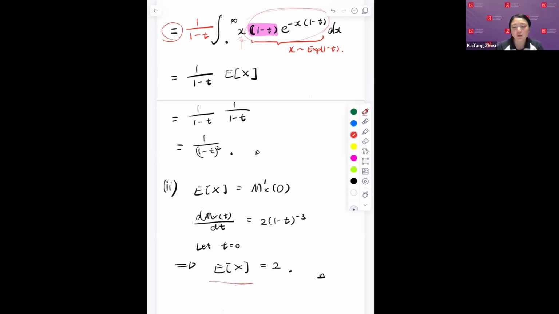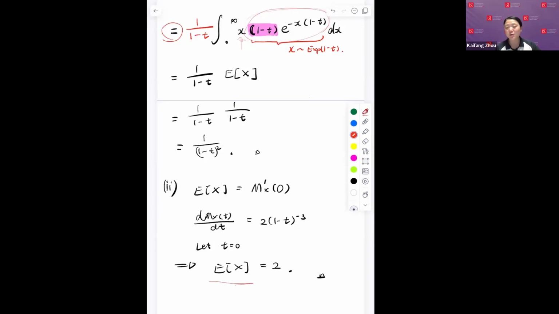For example, if you take the first derivative and let t equal to 0, you will get the first moment, which is the population mean. And if you take the second derivative with respect to t and let t equal to 0, you will get the second population moment. So with the first and second population moments, we can calculate the population variance.